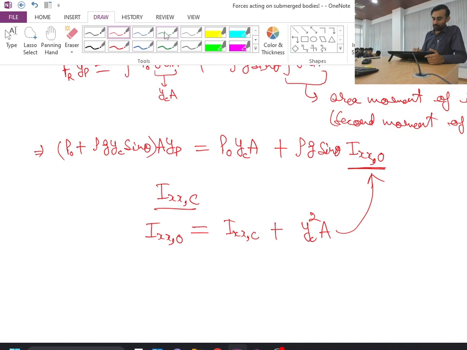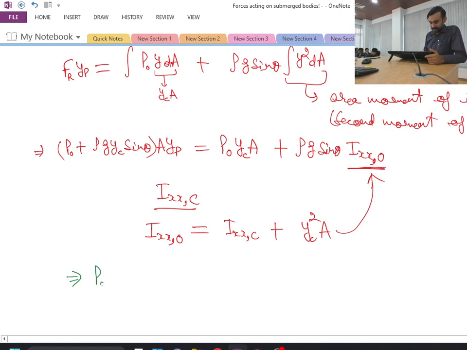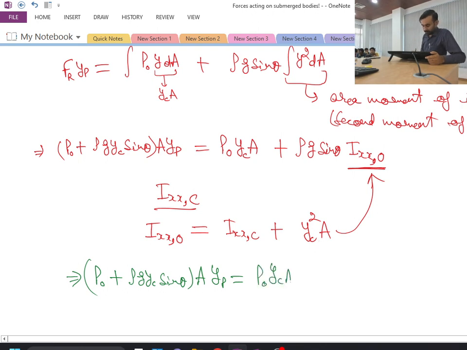If I do so, I will get P naught plus rho g yc sine theta into A YP equal to, I will substitute in this as well. Let me first substitute, then I will take common. So P naught YC into A plus rho g sine theta into Ixx about centroid plus YC square into A.